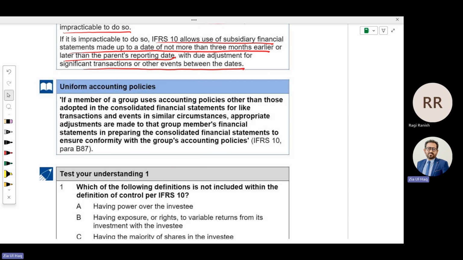Obviously, some figures will be different, other figures will be the same. If a group uses accounting policies other than those adopted in the consolidated financial statements for like transactions and events in similar circumstances, appropriate adjustments are made to the group members' financial statements in preparation of consolidated financial statements to ensure conformity with the group's accounting policies. Meaning you need to prepare as per the same accounting policies, but you should provide a disclosure.